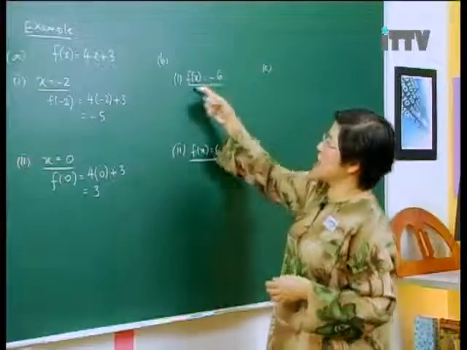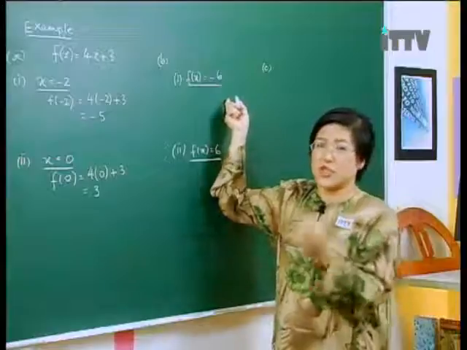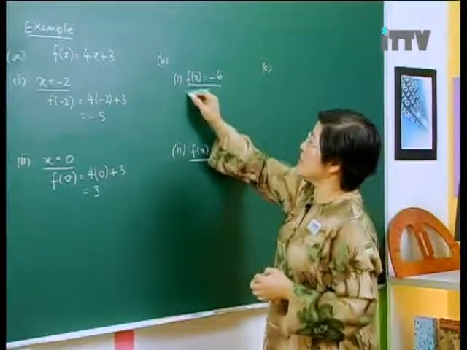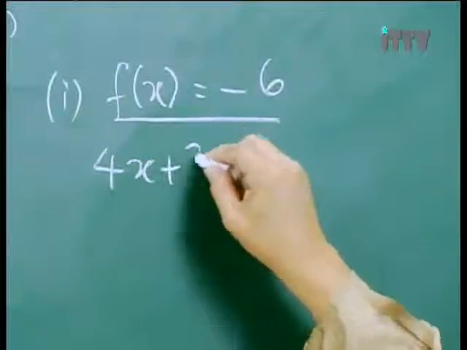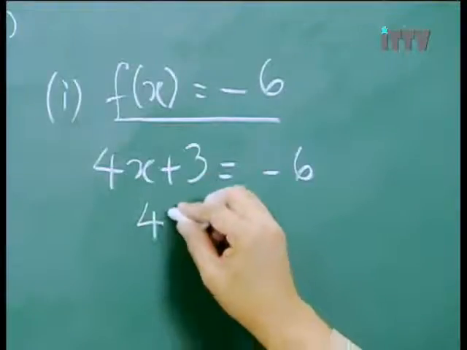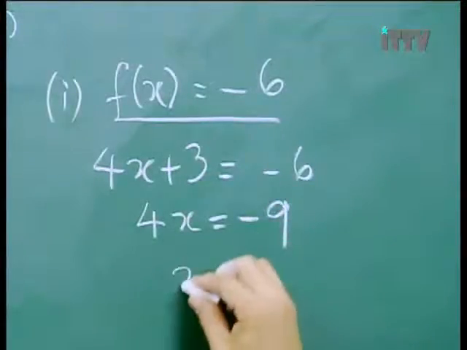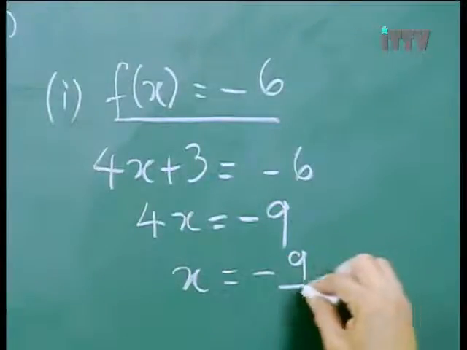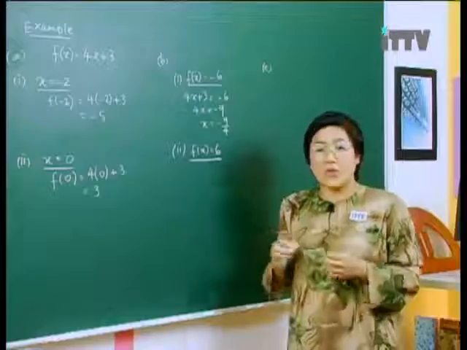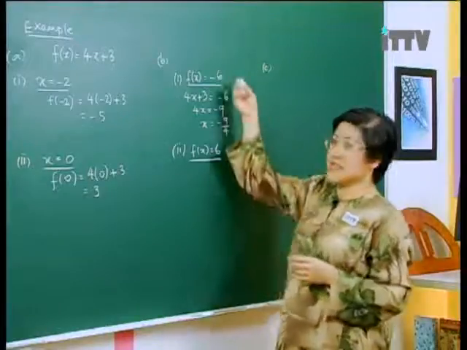Therefore, if f(x) is equal to negative 6, which is the way to write when they say that the image is negative 6, we can then say that 4x plus 3 is your f(x). And when you solve this equation algebraically, you'll find that 4x is equal to negative 9, giving us x is equal to negative 9 over 4. That was the object that produced the image of negative 6.